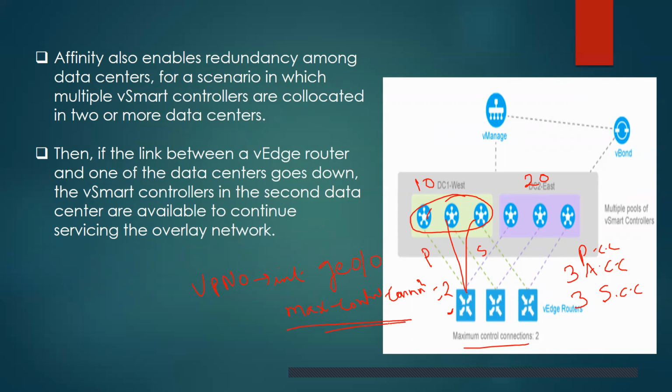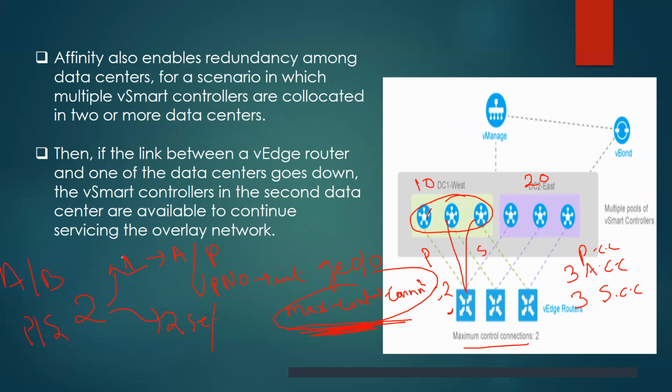The max-control-connections command is there. So do two things here. First of all, give that command, max-control-connections. I can form a maximum of two control connections, and of those two, one control connection I use as active or primary, and the second I want to use as backup or secondary. So active-backup or primary-secondary, like that you can use.